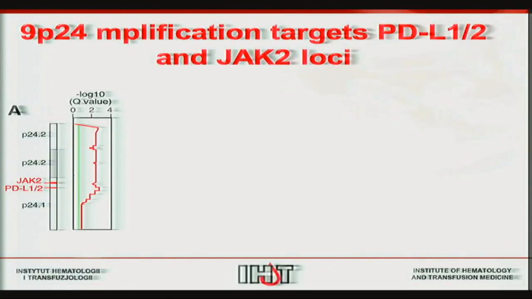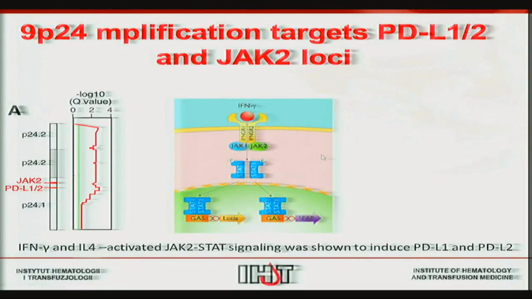When we looked more closely at this locus, it turned out that it harbors not only PDL1 and PDL2, but also JAK2 kinase, which is a very well known oncogene in many tumors. And in this aspect, it was particularly important because JAK2 is involved in transcriptional upregulation of PDL1 and PDL2 during the immune response, in response to interferon gamma.